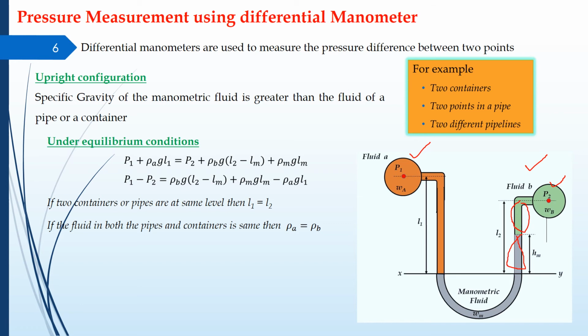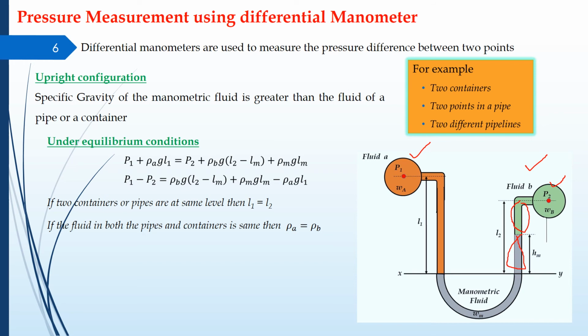Now we can have a special case wherein both the pipes may be at the same level. In that case, L1 will be equal to L2, and we can appropriately put those values in this equation and get the simplified equation. It can also be a case that we have two different pipes, but the fluid in both cases is the same.